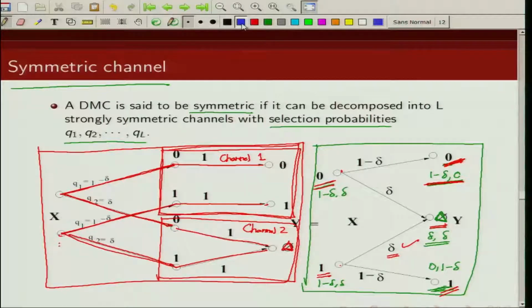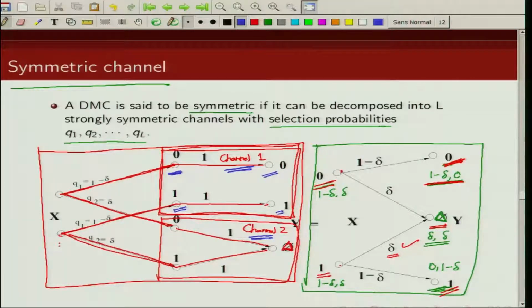Another point we noted, channel 1 and channel 2 are strongly symmetric channels. You can verify this. It is uniformly dispersive because the probabilities in descending order are 1 and 0 whether I consider this input or this input. This is also uniformly focusing. If I consider the output 0 or 1, again the probabilities arranged in decreasing order will be 1 and 0. So channel 1 is strongly symmetric.